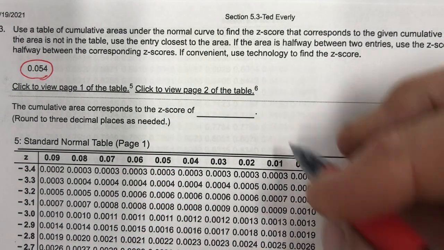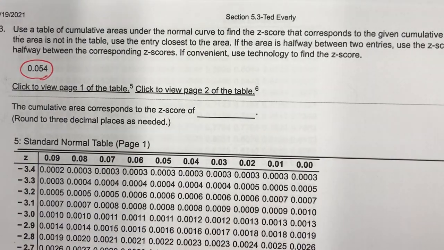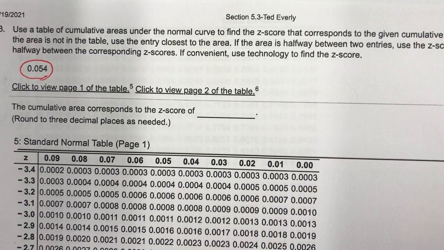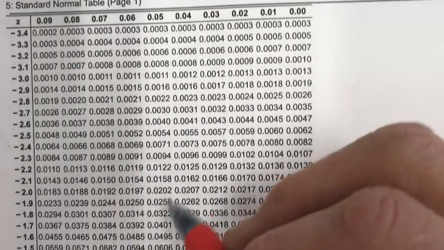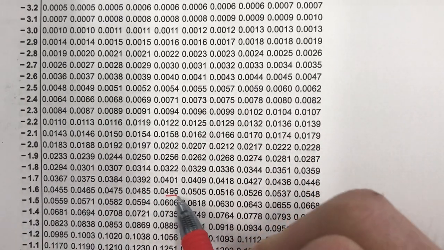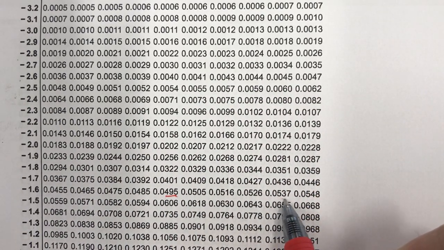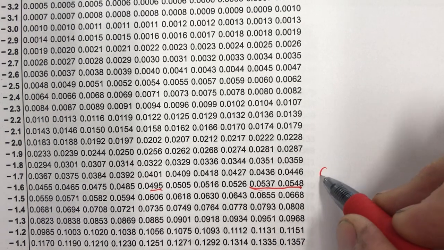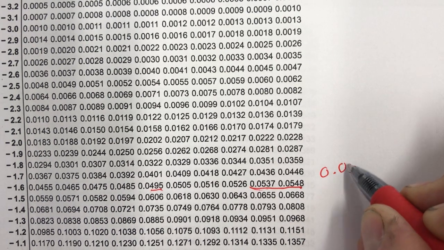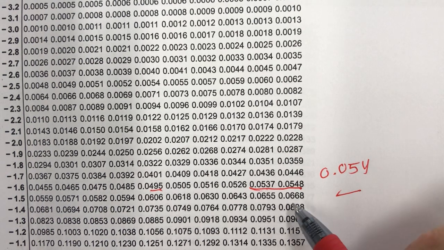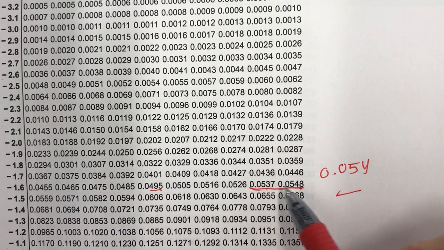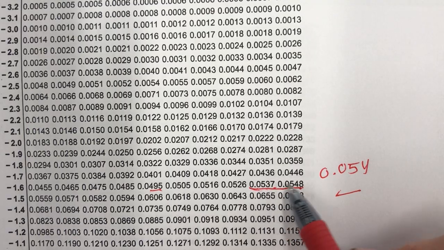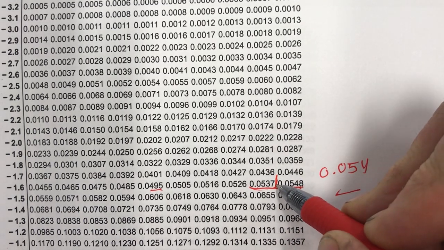Now I think it's on this first page. So look again, we're looking for 0.054. Here's 0.0548. Here's 0.0537. So it's really between these two right here.